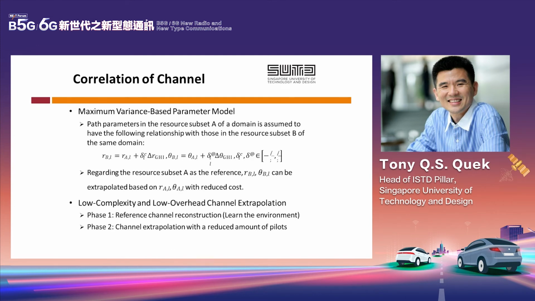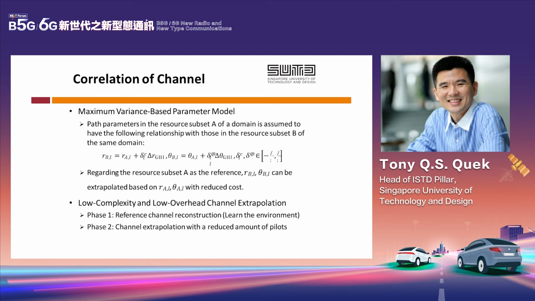So how do we actually try to exploit this correlation? The whole notion is this maximum variance based parameter model. So path parameters, let's say in a resource subset A of a domain, are assumed to have a certain relationship with those of another resource B, right?